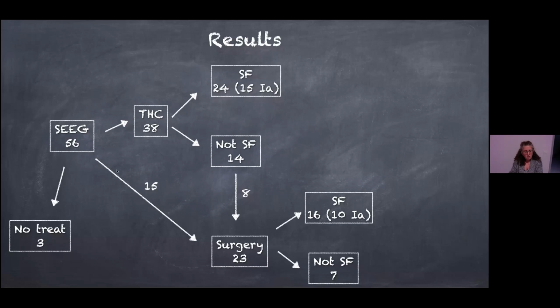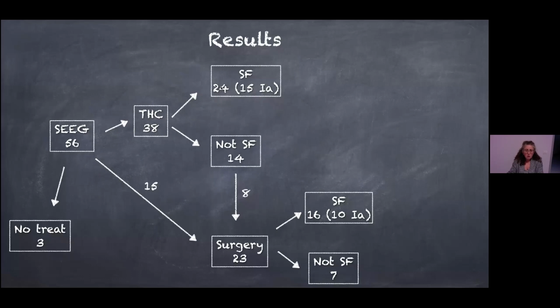In those 56 stereo EEGs, 18 did not undergo thermocoagulation because those are patients that were explored before we started to do thermocoagulation. So from when we were able to do thermocoagulation, we have 38 patients that underwent this kind of treatment.